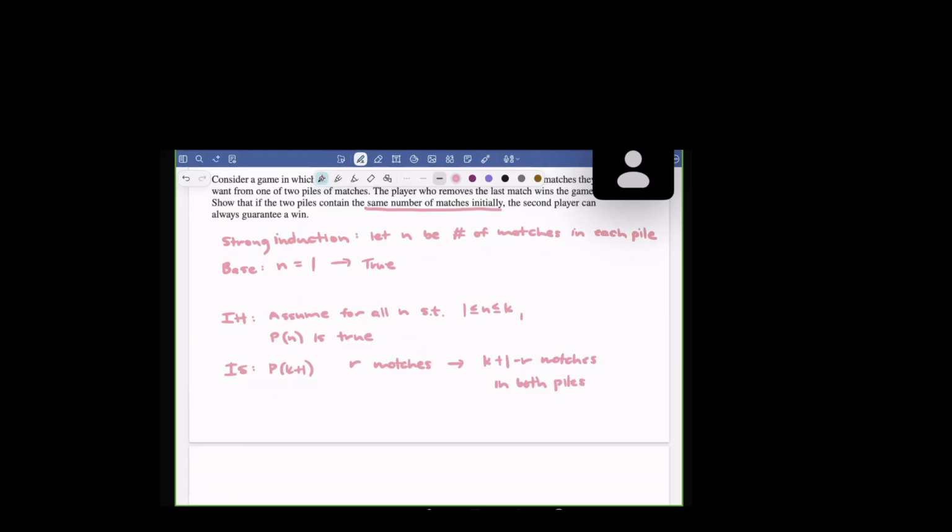And because r is at least one match, we know that this has to be less than or equal to k.